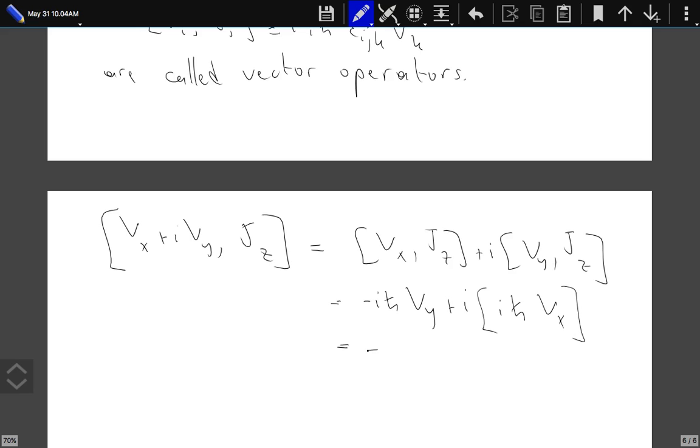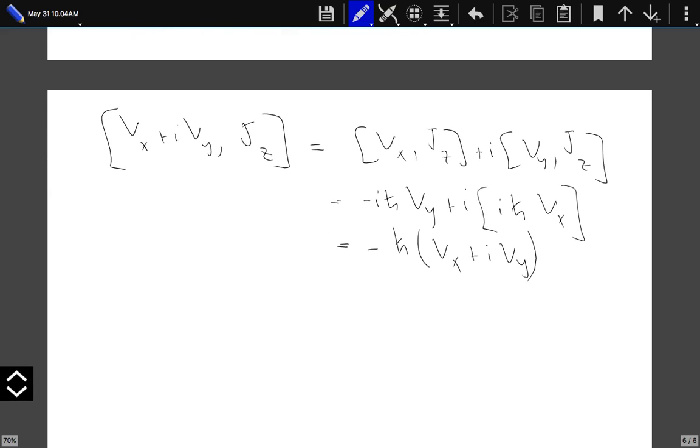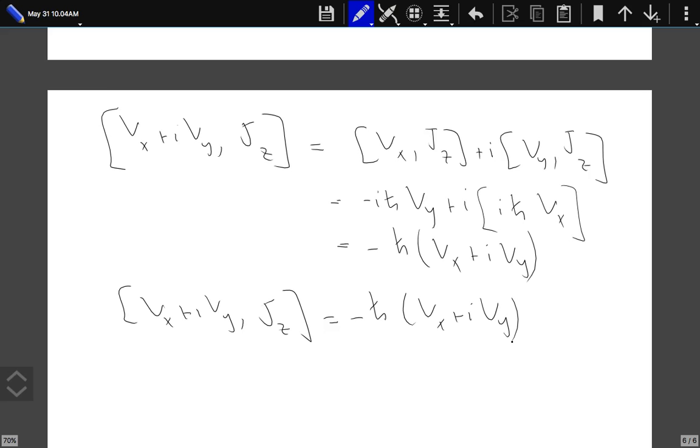So this is minus h bar times Vx plus i Vy. So that tells me that the commutator of Vx plus i Vy with Jz is equal to minus h bar times Vx plus i Vy.